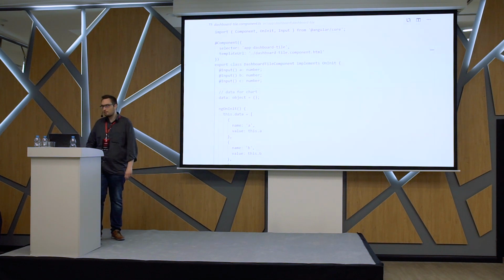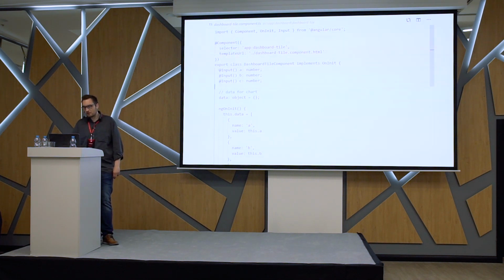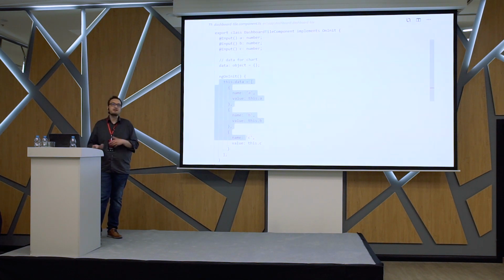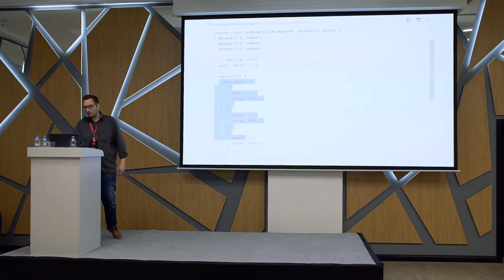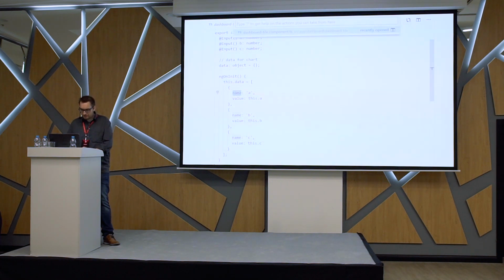It is an Angular component that takes three inputs, A, B, and C. It has a data object, and ngOnInit is populating this data object with the values of A, B, and C. I am also assigning some labels like also A, B, and C. If we look into the HTML template of this dashboard dial, we also see there is nothing special in here.